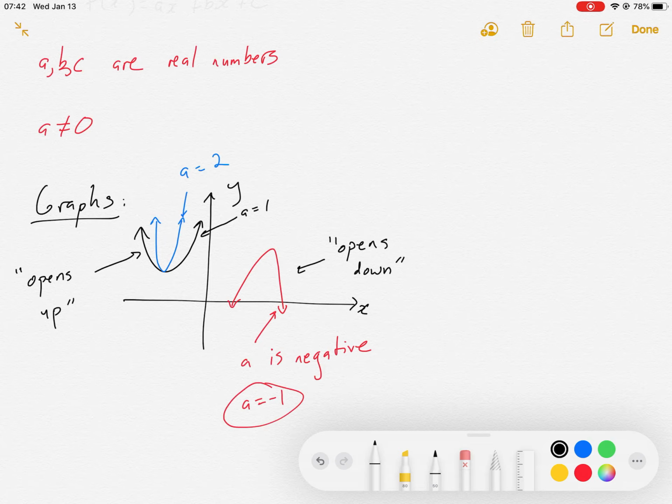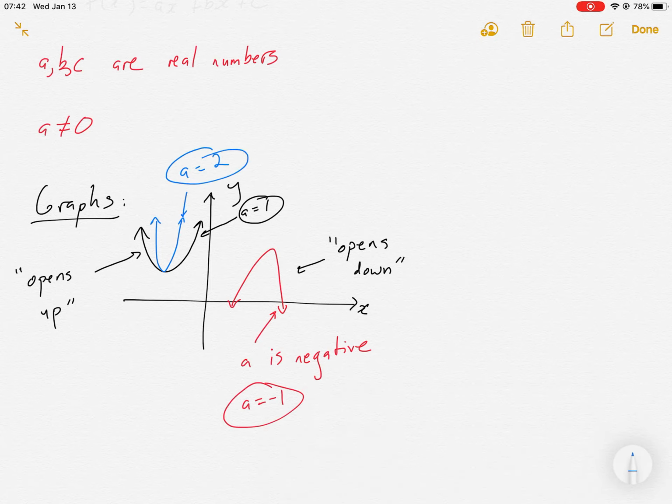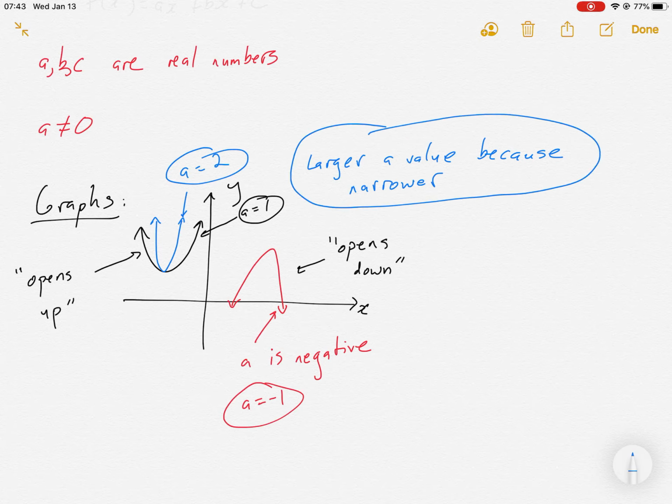Now you shouldn't be able to just know these exact numbers off the top of your head, but just as a point of reference, I'm showing you that the blue graph has a larger a value because it is narrower. So that's really the key takeaway here.